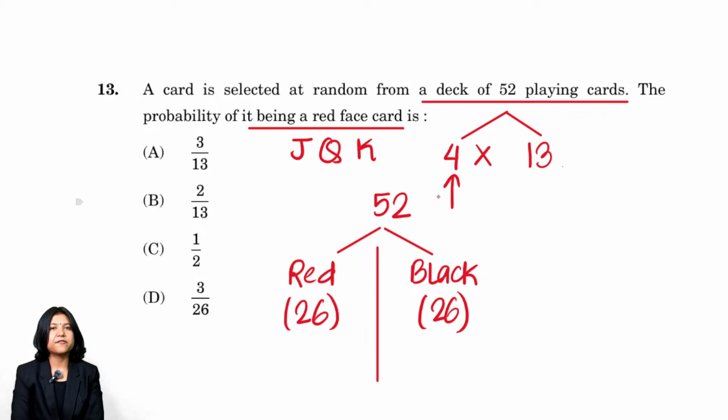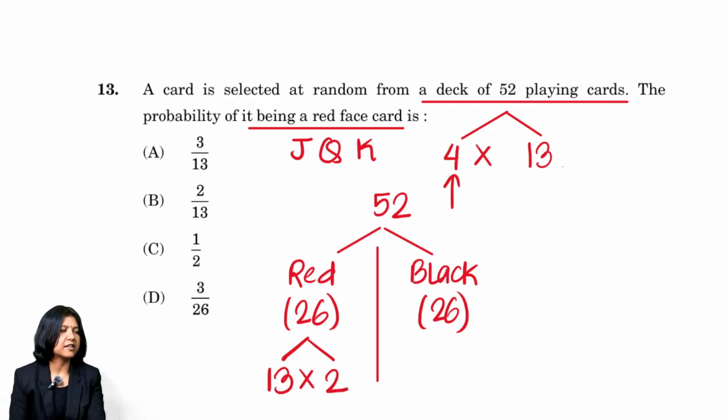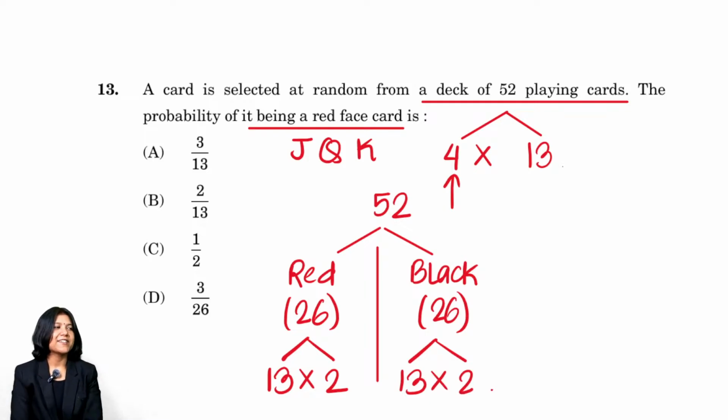Being a red face card is just taking the double of each because we have a total of 4, but we are considering only red ones. So each figure will have 2 red cards and 2 black cards. I think you know that already, isn't it? So Jack, King and Queen. Each of them will be 2, 2, 2.